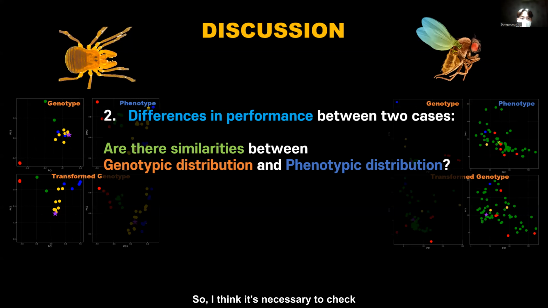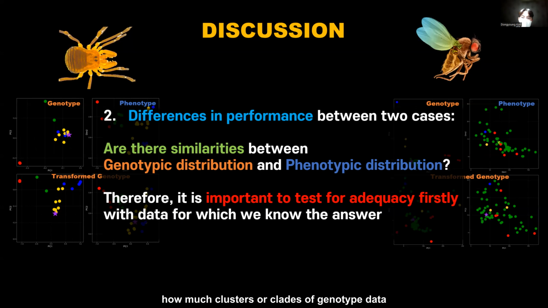So I think it's necessary to check first how well clusters or clades of genotype data apply within phenotype data. Because of this, it seems necessary to conduct this analysis after checking it with your own eyes rather than automation, because there is a difference in performance depending on the data you have.